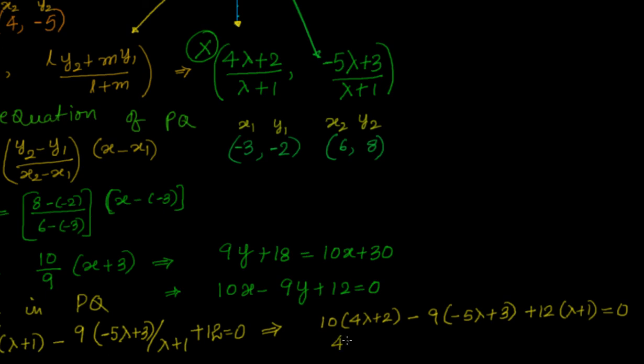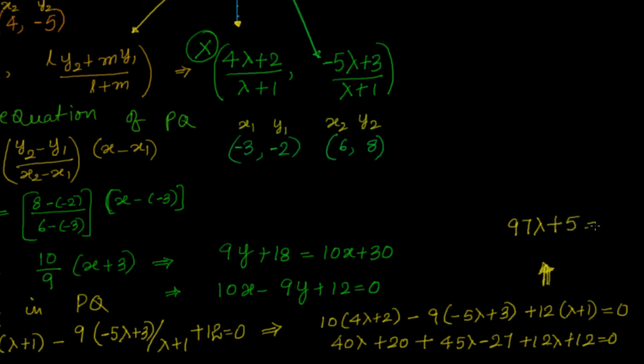This will be 40 lambda plus 20 plus 45 lambda minus 27 plus 12 lambda plus 12 equal to 0. If I simplify that, I'll have 97 lambda plus 5 equal to 0.